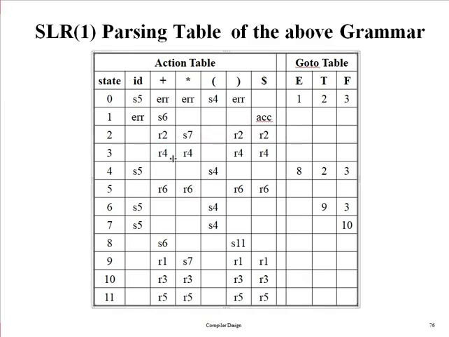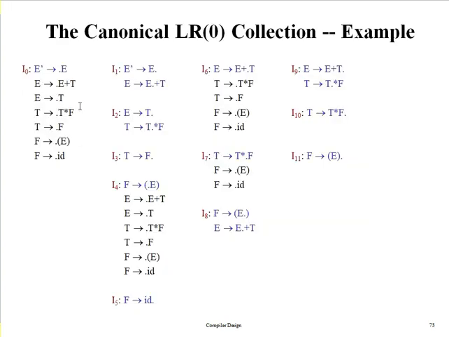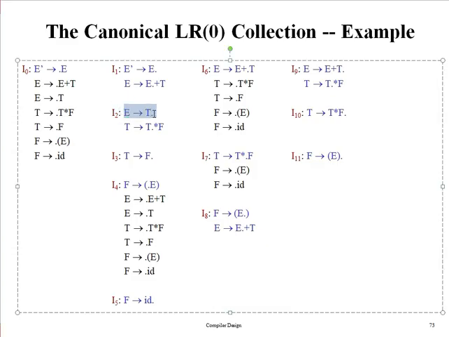For example, in this row, how is R2 filled under plus? We should go to I2. In I2, as you can see, this is a final item, so we should fill a reduce action.